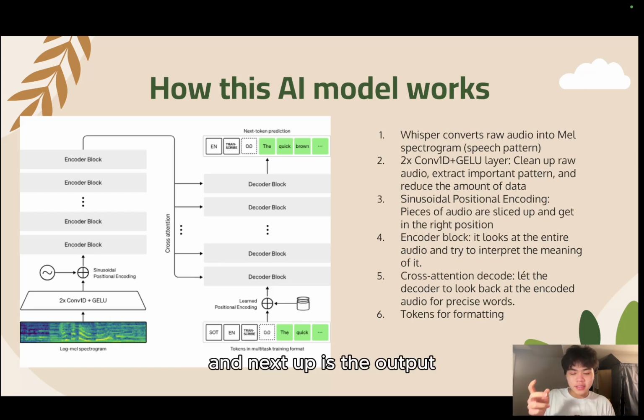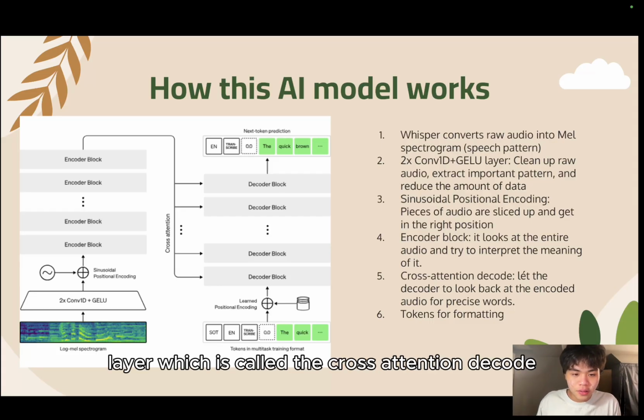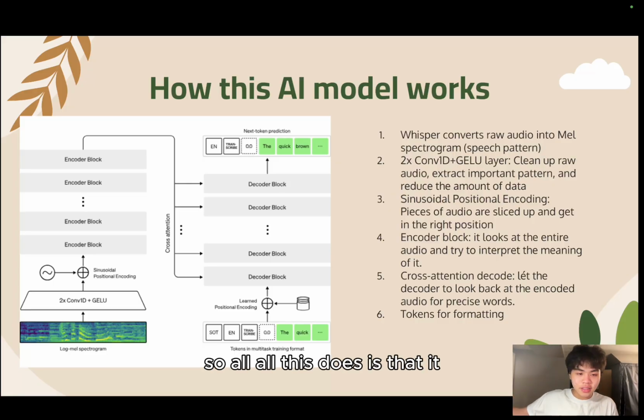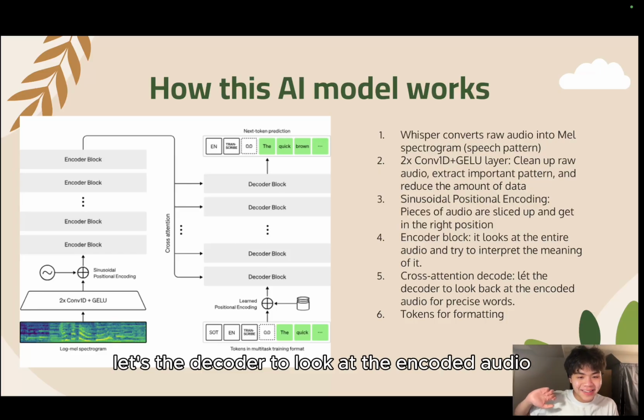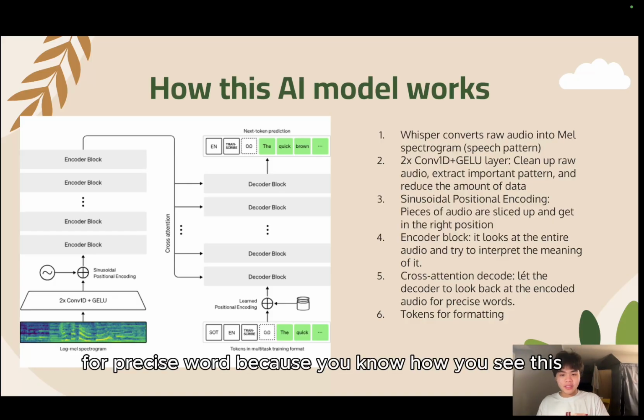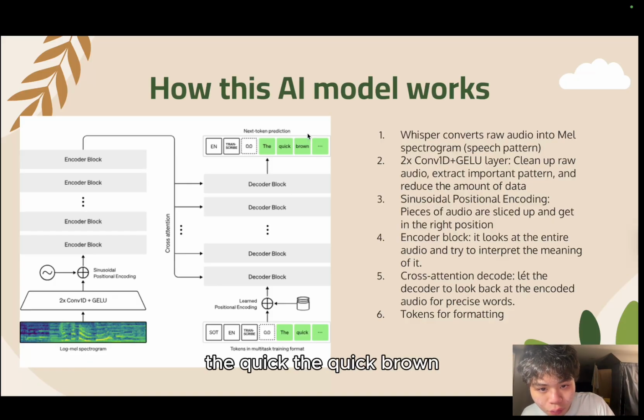Next up is the output layer, which is called the cross attention decoder. All of this lets the decoder look at the encoded audio for the precise word, because you see here, "the quick brown".